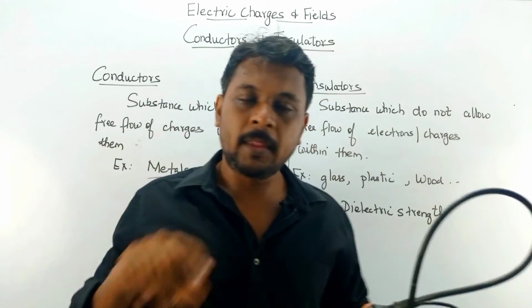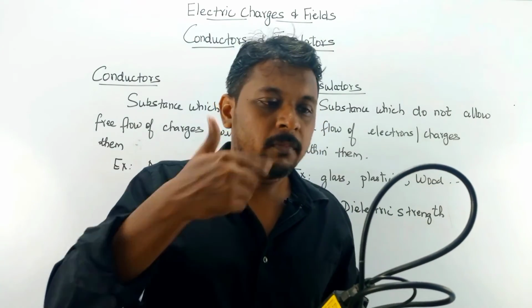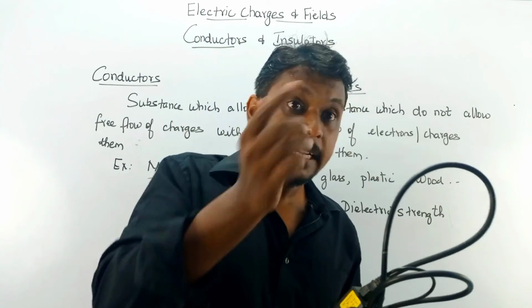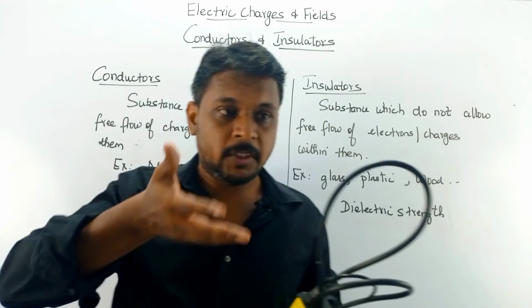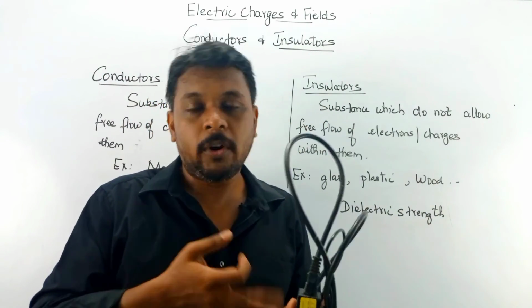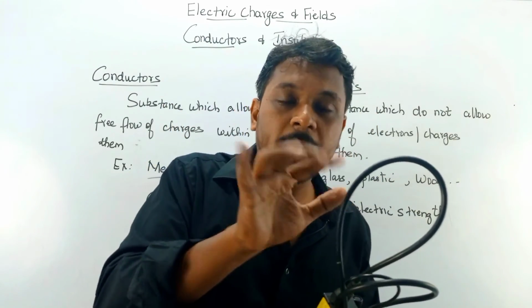Normally the copper wire cannot be touched by a human hand. When it is touched, the charge will start flowing into our body, which is not good for us. So the copper wire is covered by this insulating wire.